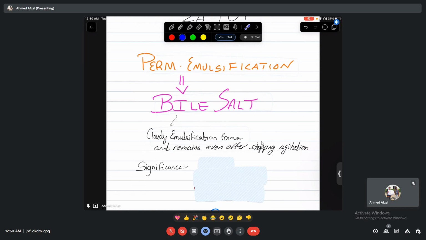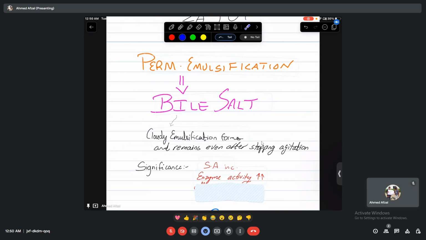How does that help? Why does the body do it? What's the point? The point is, well, multiple points. It helps out in so many different ways. By emulsifying the fat, the lipid, you could increase the surface area. Now, how would increasing the surface area help?